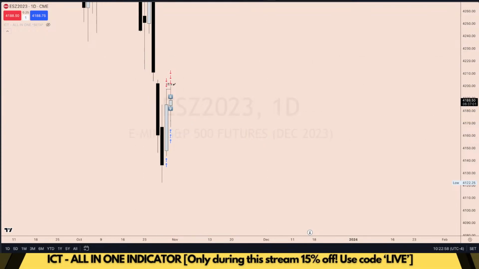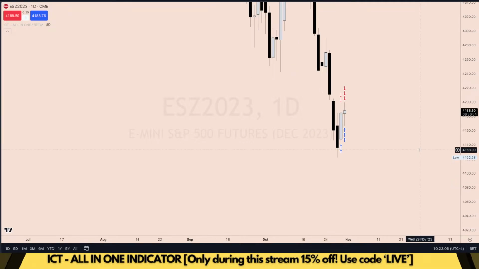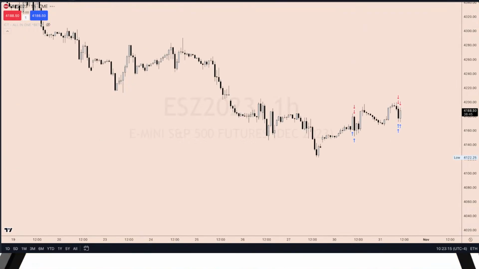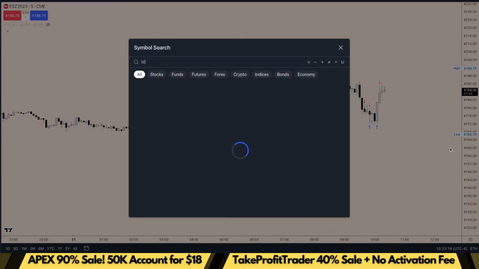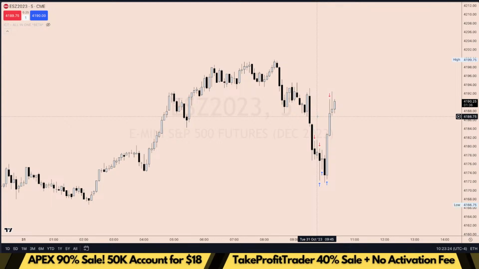So before we continue lower, if we take a close look at what we see on the daily time frame and hide our drawings here quickly, you can see that it's because I'm on ESZ and not on ES1. Okay, it doesn't make sense then. I'm going to do that later on throughout the stream. On the 5-minute time frame, we do have two 5-minute bullish fair value gaps.